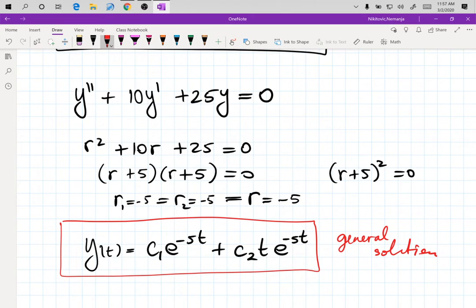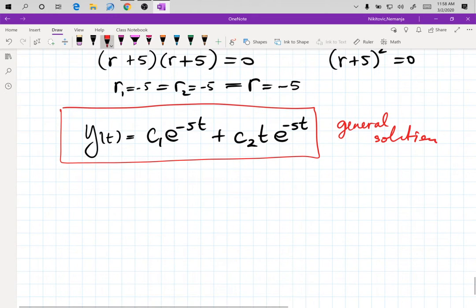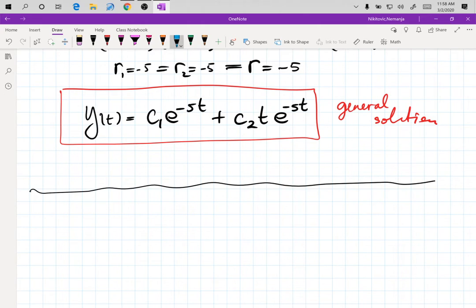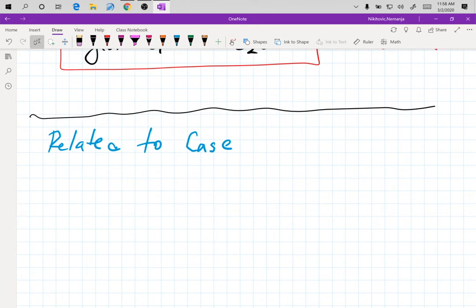There's one more thing worth mentioning, related to case 1.